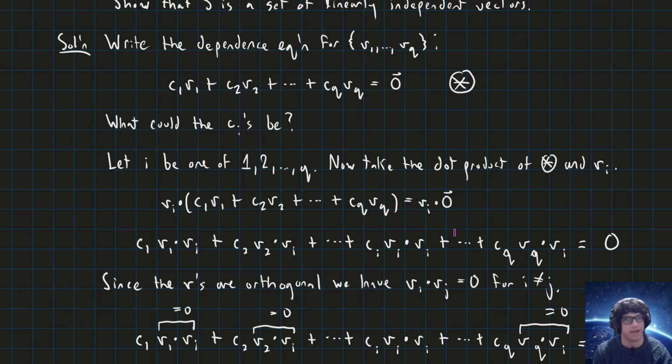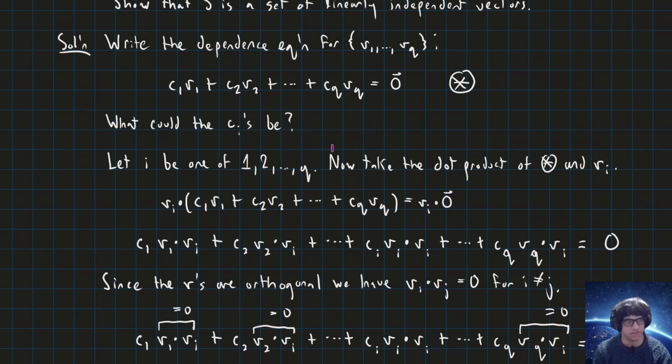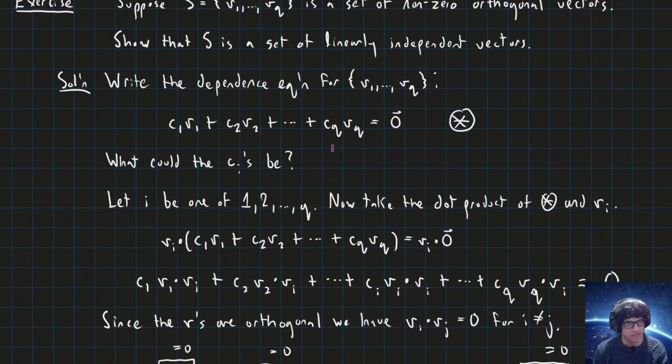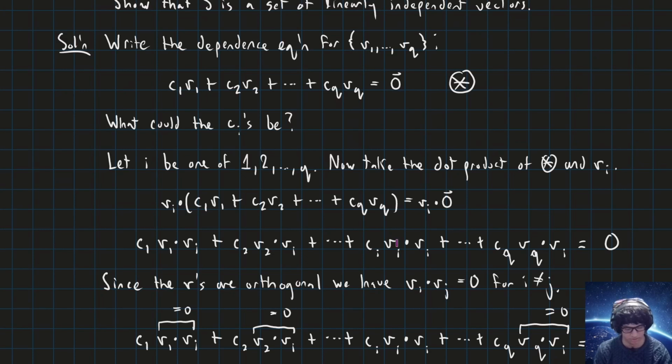So now we're going to use the fact that S is an orthogonal set. Remember, what does orthogonality mean? It means that if I take any pair of distinct vectors in the set, the dot product is going to be 0. So since the v's are orthogonal, if I have vi dot vj, and i doesn't equal j, the result of that dot product is going to be 0.